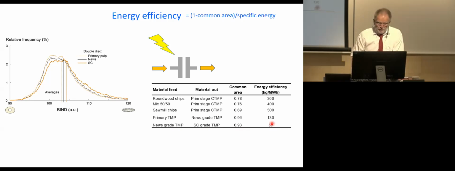And you can even go to the material of the feed with the chips. You digest the material out, the CTMP, and you can calculate a common area of the primary refiner stage. And then you can see it's much more energy efficient in the beginning. So this also indicates focus on the beginning of the process.